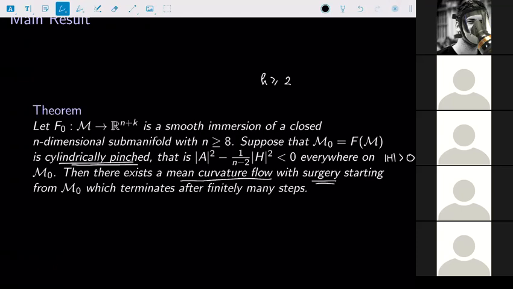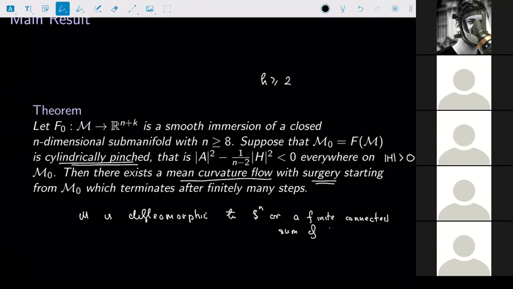A consequence of this termination after finitely many steps is that M is diffeomorphic to S^n, or a finite connected sum of S^(n-1) times S^1.